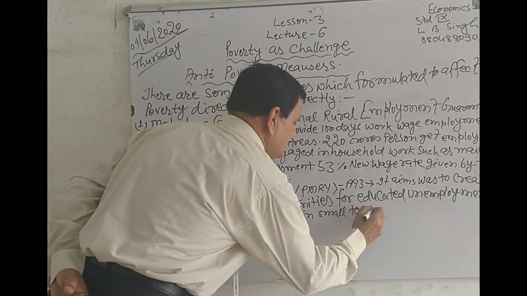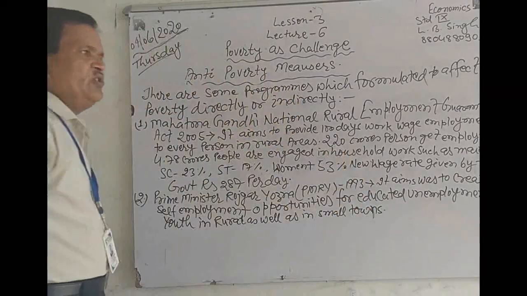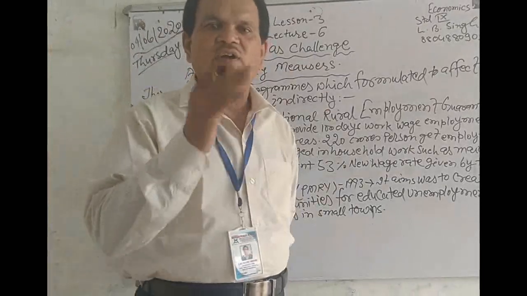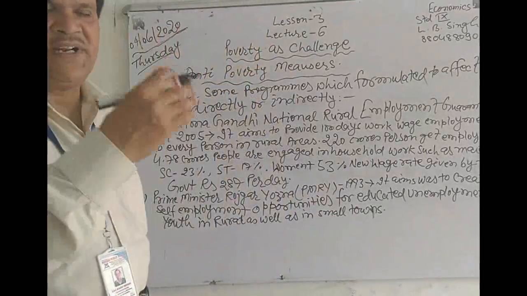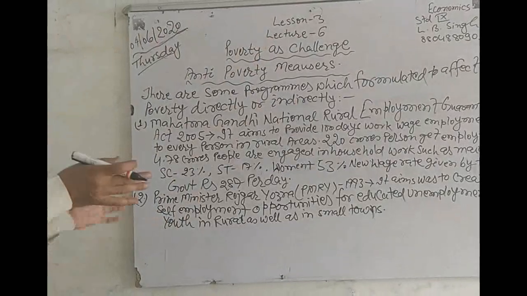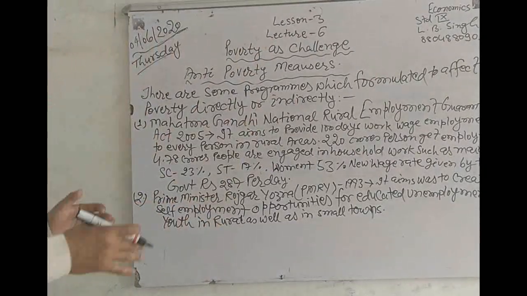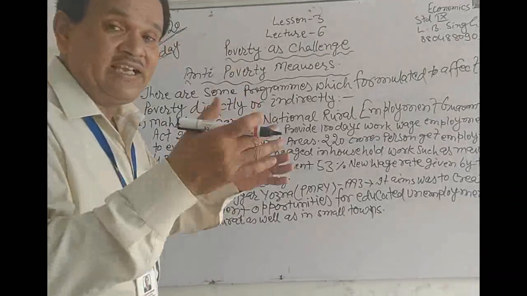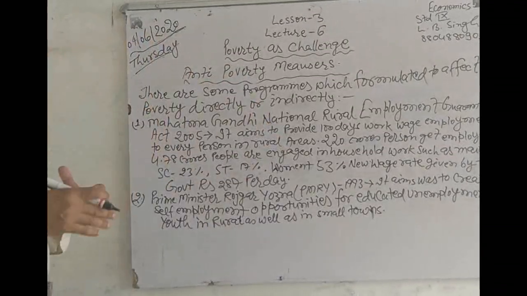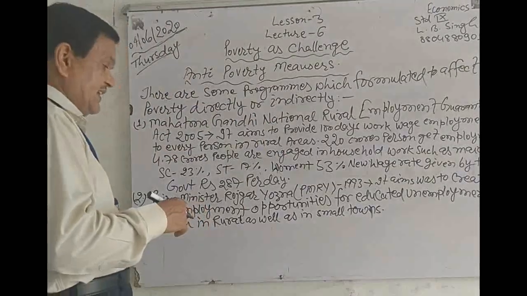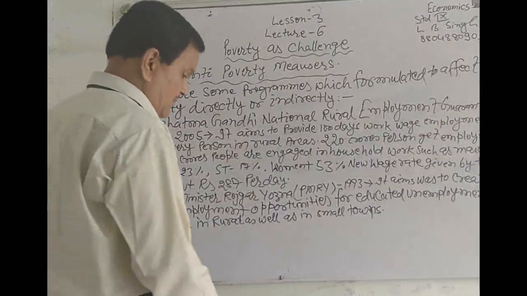So you know, through the PMRY Yojana, educated persons are getting loans from the bank, and after getting the training they are self-employed. This way there is less burden on the country regarding poverty. So it is the second program.